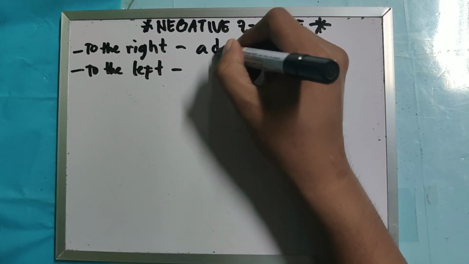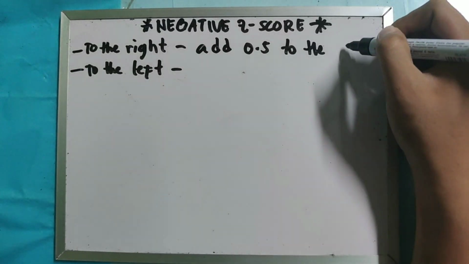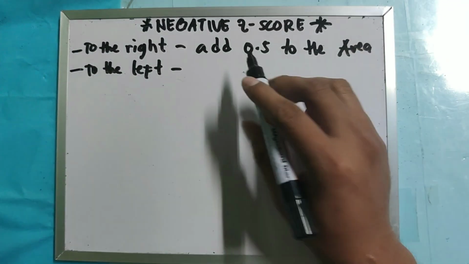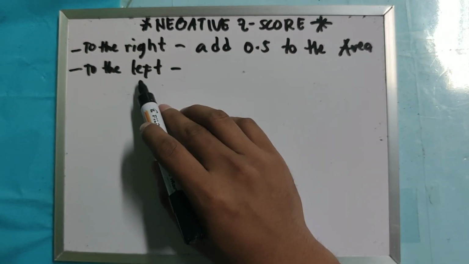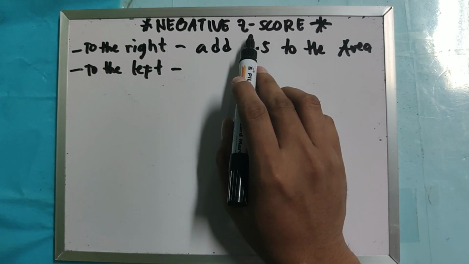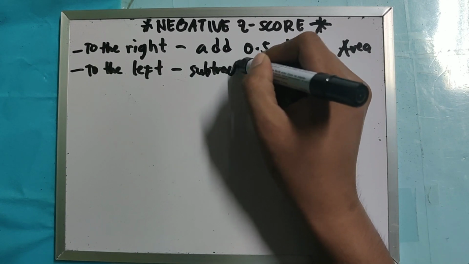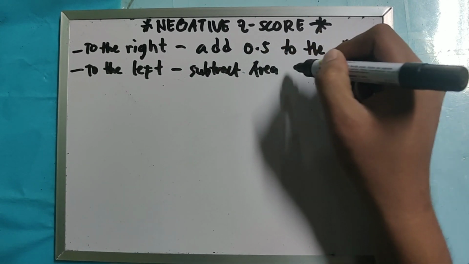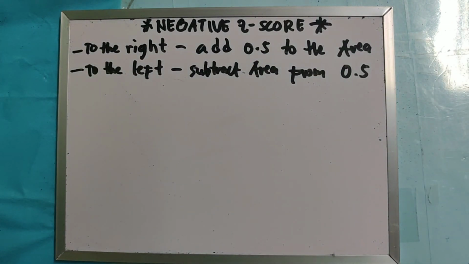We are going to add 0.5 to the area. And if you are looking for to the left of a negative z-score, we are going to subtract area from 0.5.